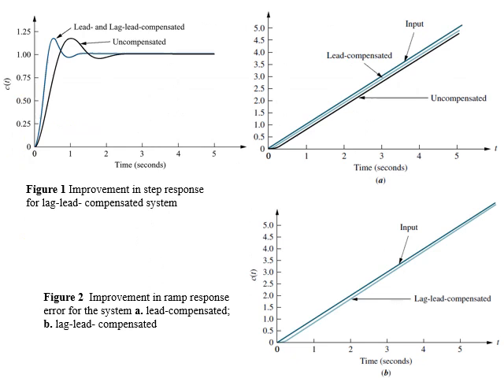Figure 1 represents the step response of compensated and uncompensated systems. You will observe a clear difference in the speed of the response. In Figure 2a, we have system response for ramp input for the uncompensated and lead compensated one, where Figure 2b represents the ramp input response for the lag-lead compensated system.